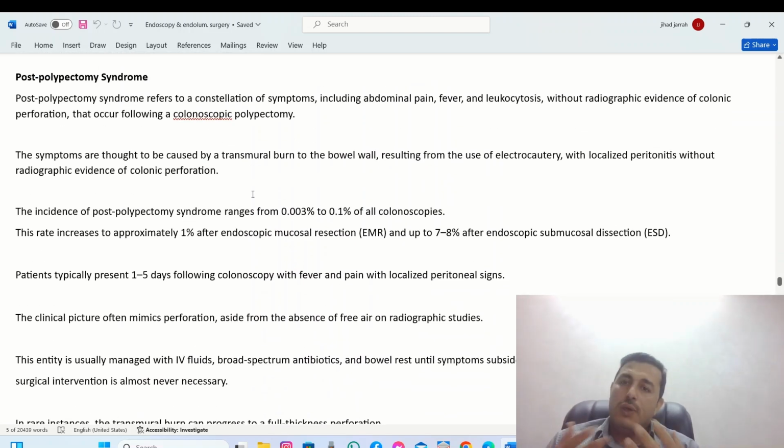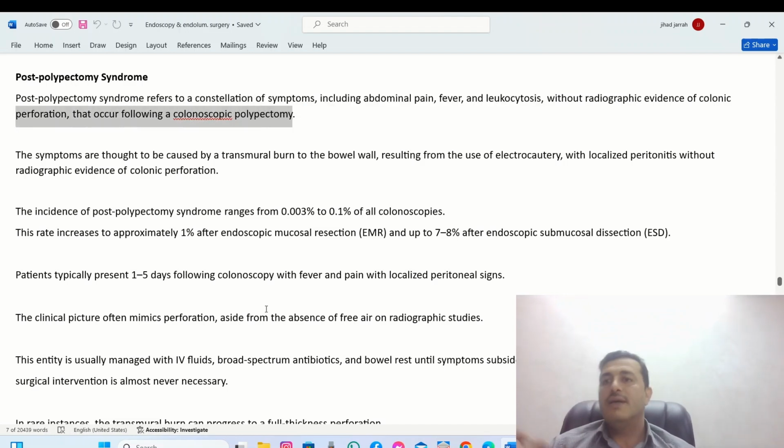Post-polypectomy syndrome: what do we mean by it? It is a constellation, a gathering of symptoms together. These include abdominal pain, fever, and leukocytosis, but without radiological evidence of perforation after polypectomy.